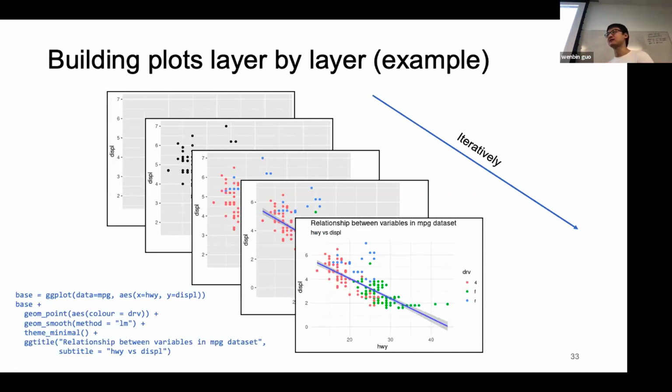So we want to make a small adjustment first and then add up to reach the final result. Basically you can use a plus sign to do this step by step iteratively. So this is pretty flexible. And usually the order sometimes matters, but usually it's fine.